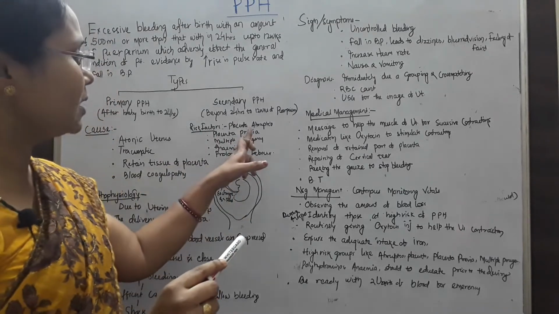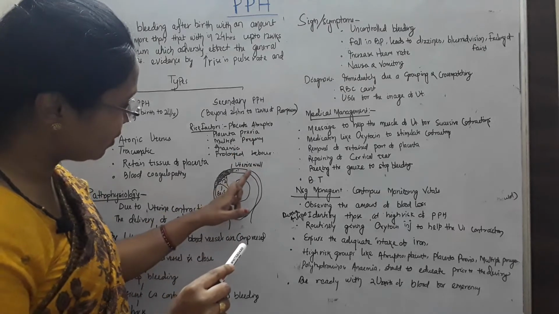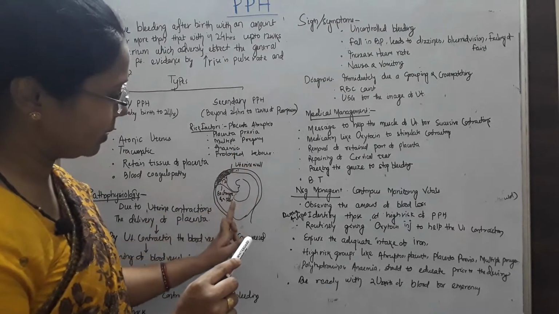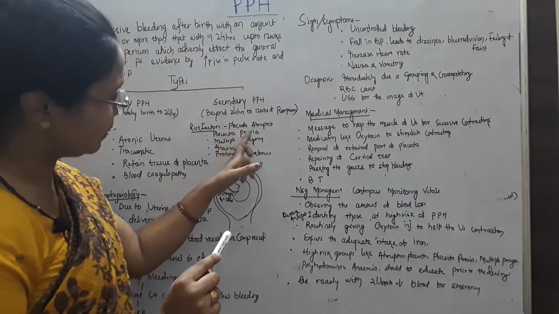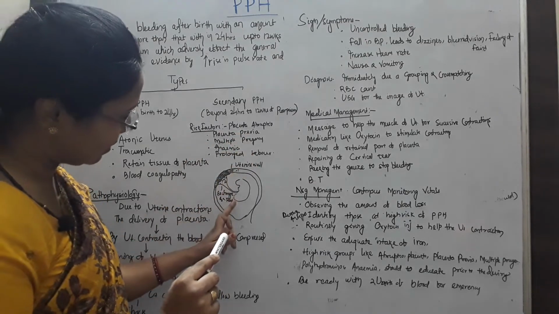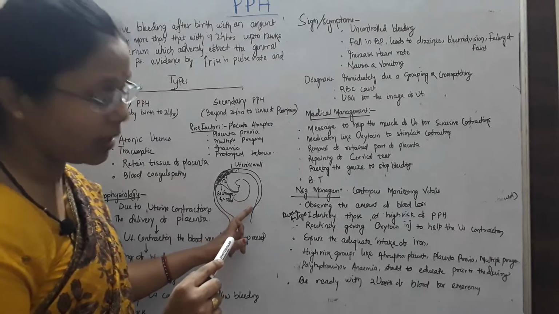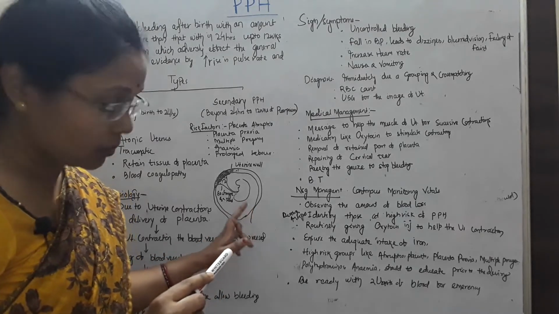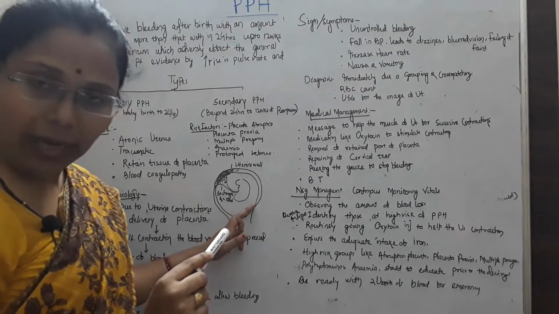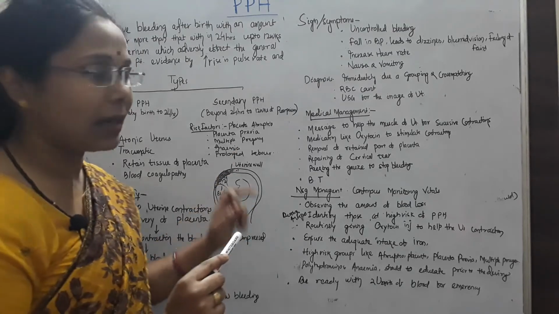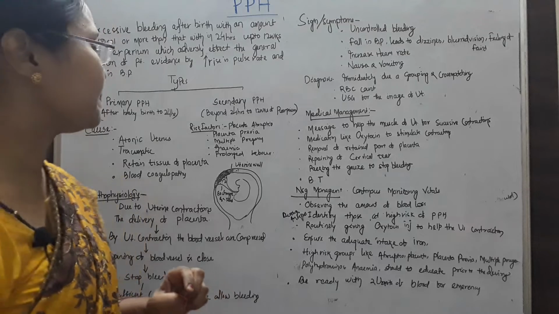We know the placenta is usually attached to the posterior wall of the uterus. In placenta previa, the placenta is attached to the anterior wall of the uterus. In that case, bleeding may start.